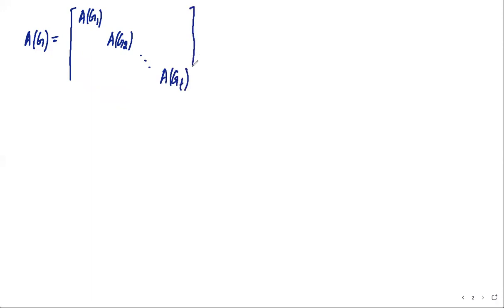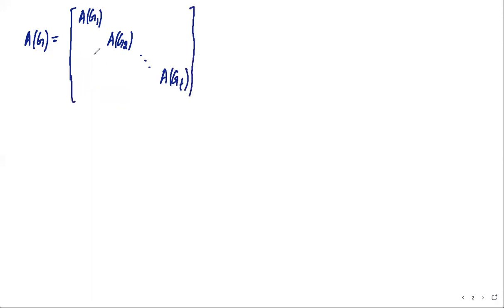So how can we write the adjacency matrix? It is like this. The adjacency matrix of G can be written like this. First we write here the adjacency matrix of G1. Then the next diagonal block will be the adjacency matrix of G2 and so on. And here we write the adjacency matrix of GT.